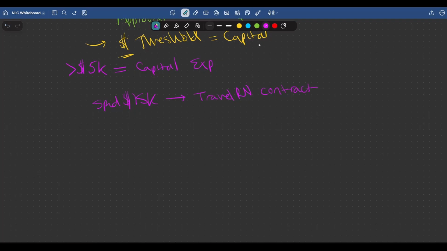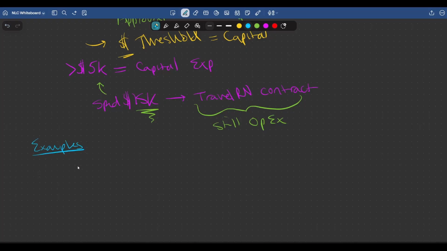Is that a capital expense? No. This is still an operating expense because you need that travel RN, presumably, to run operations. So even though the dollar amount is over the threshold, it's not really a capital expense because it's not the right kind of thing.